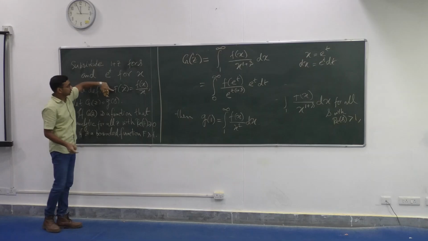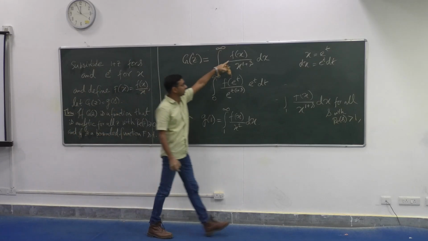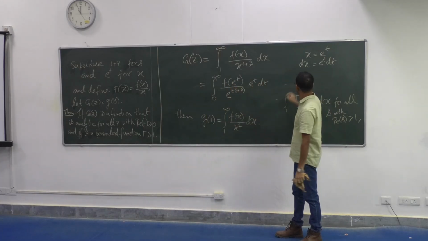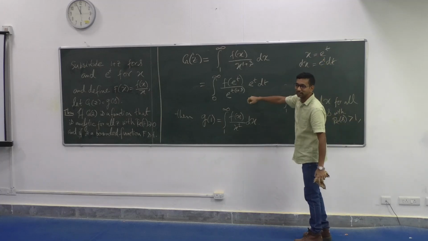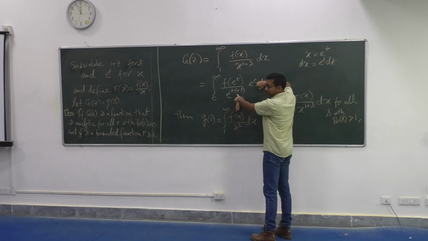Yes, we have not substituted a capital F yet. We are doing it one by one. So at first we are substituting x here, and then we will substitute the capital F, so that we keep track of all the equalities. This will cancel.